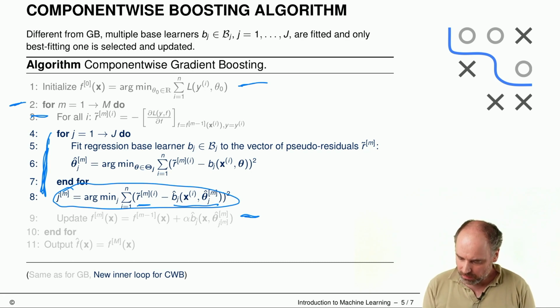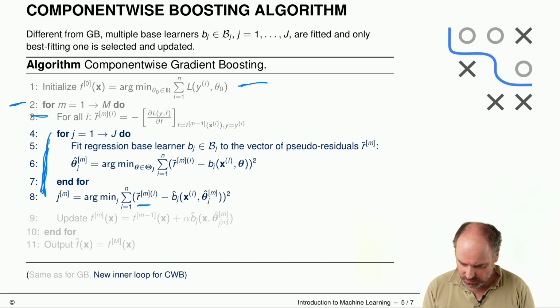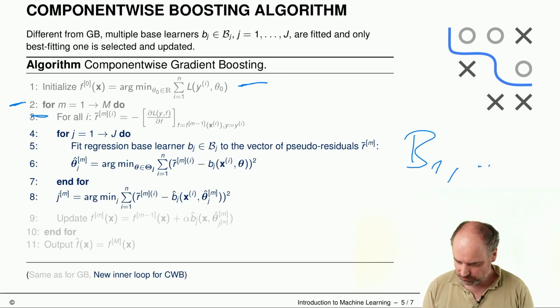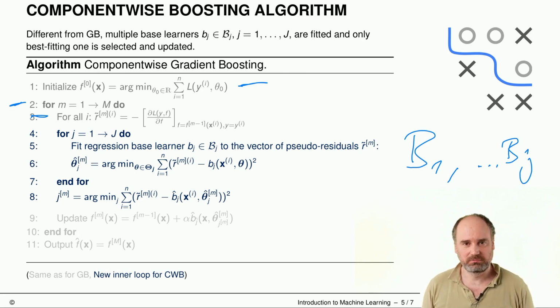Now, in component-wise boosting, it's a little bit more difficult, but not a lot. The only thing we are changing is that we have here our pool of multiple parameterized base learners. All of these are different parameterized functions now. And again, very often, the first parameterized function only acts on feature 1, the second only on feature 2, and so on. We now do exactly the same as I've described before, but for each individual base learner.